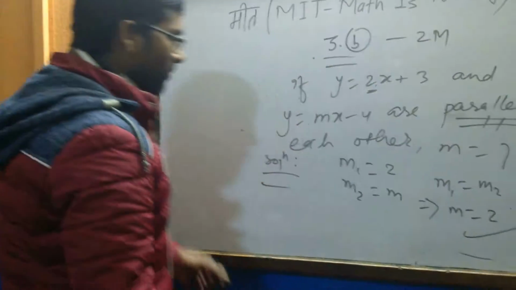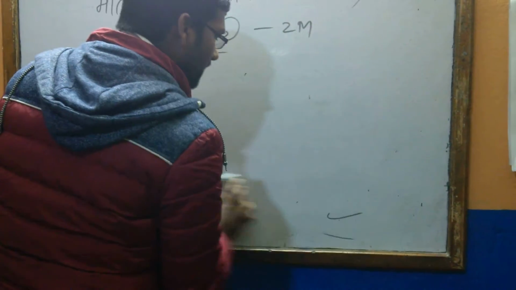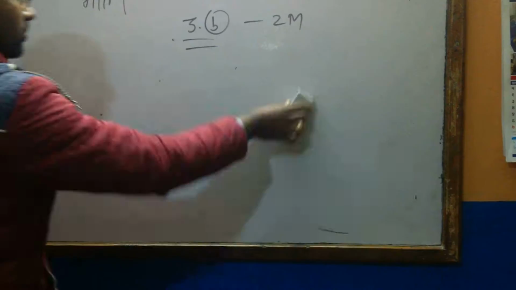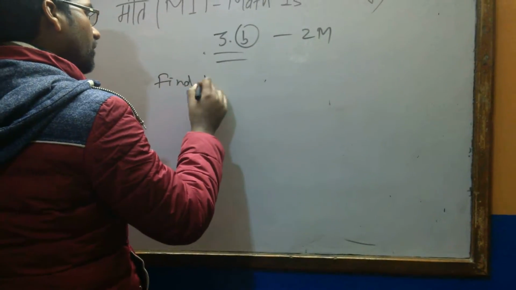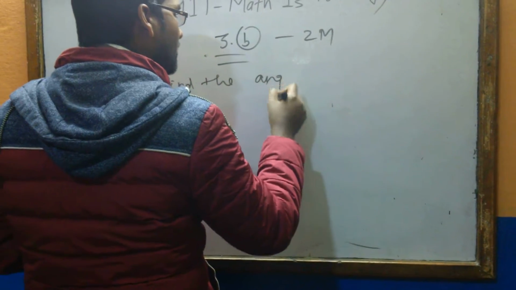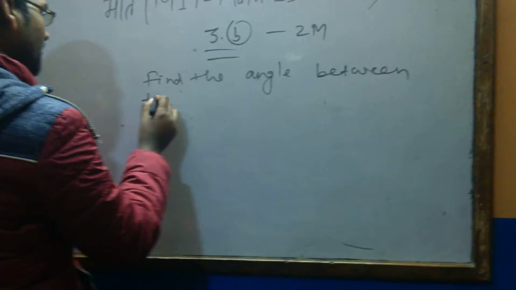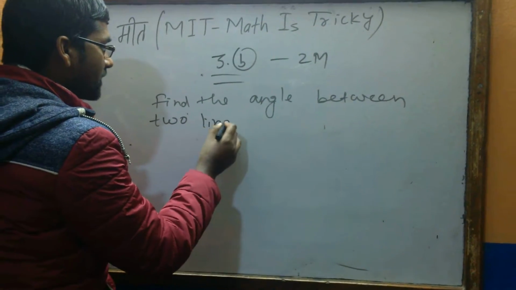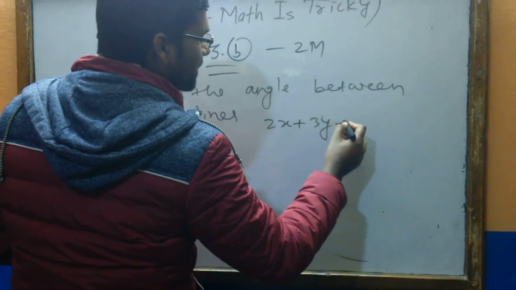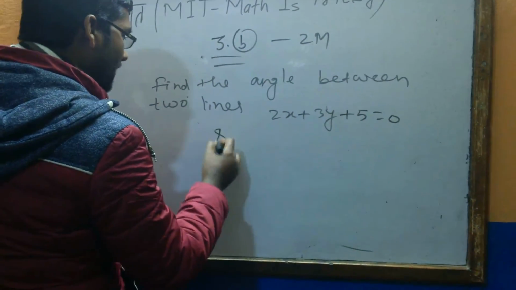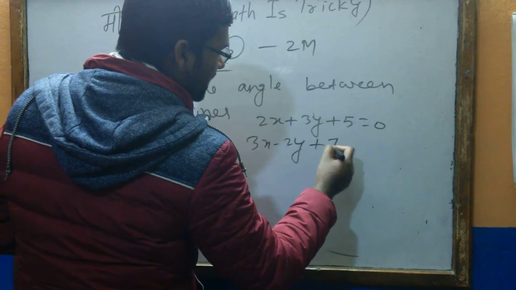Let me take one more example. Suppose you are asked to find the angle between the two lines 2x plus 3y plus 5 equals 0 and 3x minus 2y plus 7 equals 0.